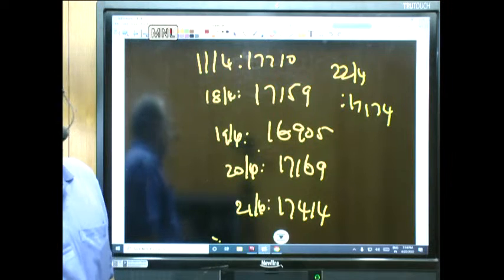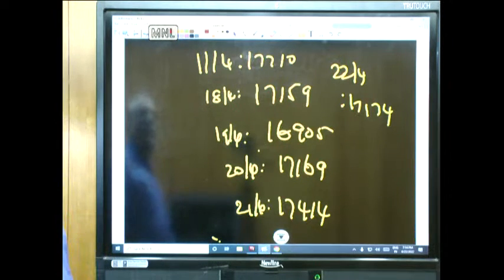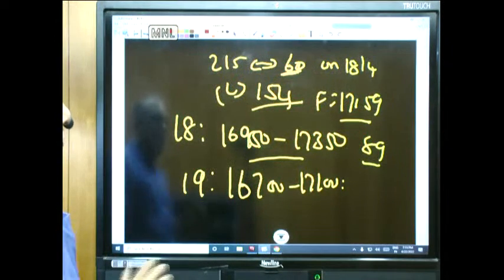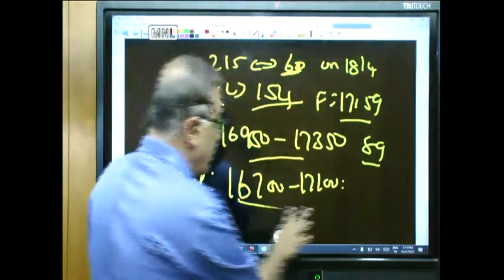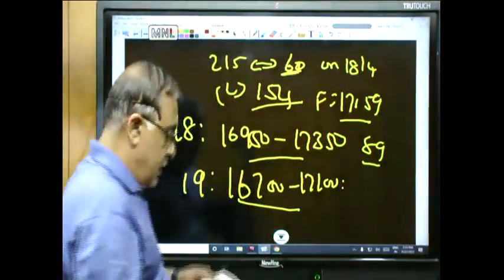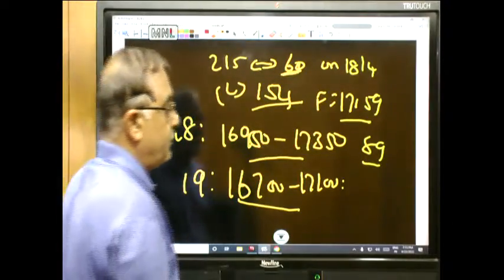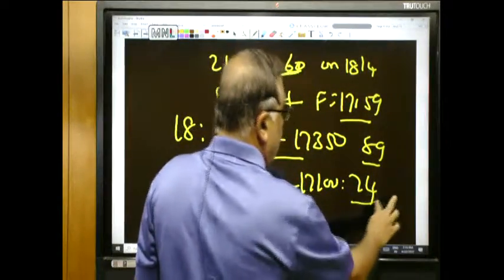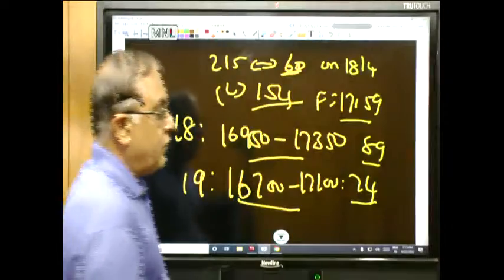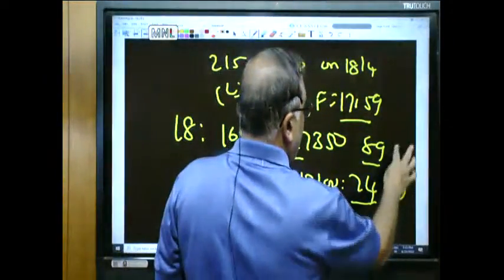On 20th it went back up to 17,169. So whatever we did on this, the next day it gave a profit of approximately 74 rupees. So this is profit. And these were two losses.